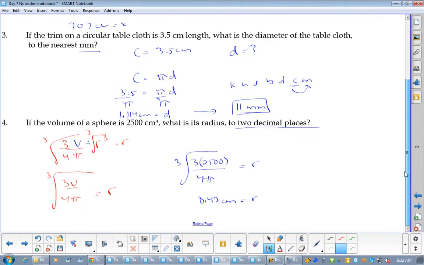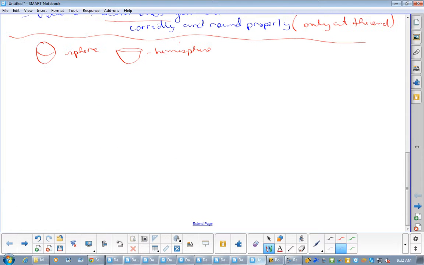Now here's one thing that I think we should talk about, and that is how to convert. So the example I would put here is finding R when volume equals 4/3 pi R cubed.